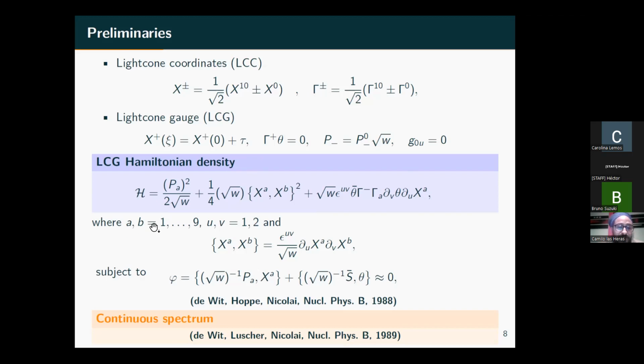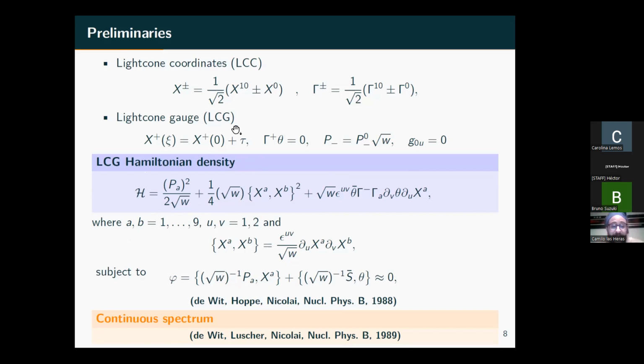A and B are now transverse indices that run from 1 to 9, and U and V are the indices related to the spatial directions of the worldvolume, okay? These brackets are Lie brackets, which in this context can be understood as symplectic brackets. And this Hamiltonian is subject to a constraint, which is related to the area preserving diffeomorphisms.